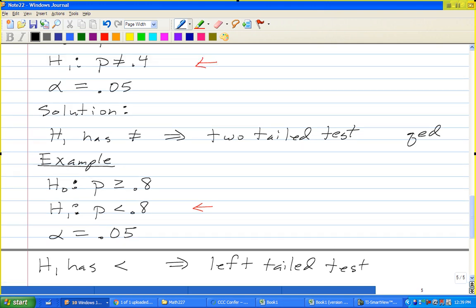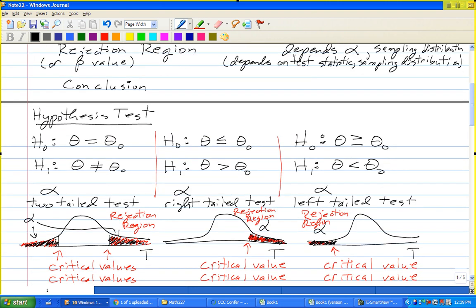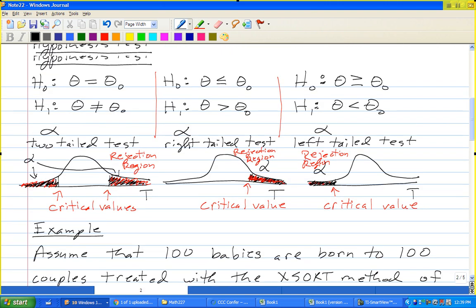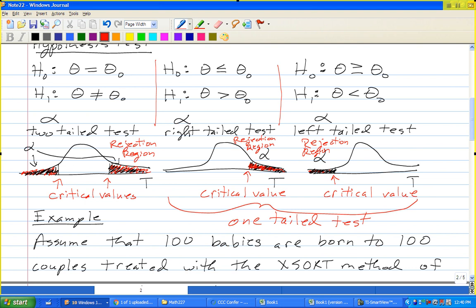Oh, I guess I should say that these are also called one-tailed tests because you have one tail either right or left as opposed to the two-tailed test.